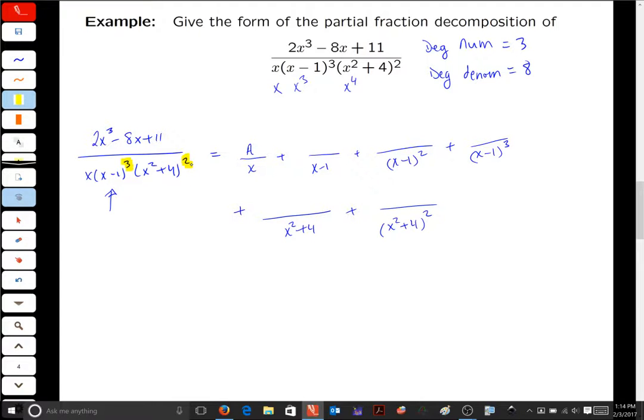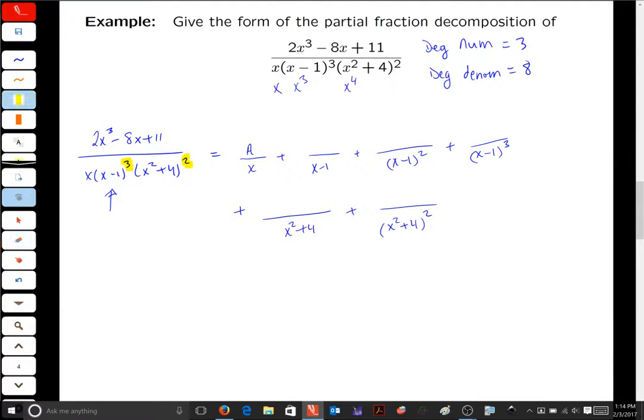Now let's go back and fill in the numerators. You're always going to have one power less than your denominator. So the degree of the denominator for x is 1, so you just have a constant here, no x variable. Here the degree is 1, so what do you think we'd have in the numerator? Constant. So I'm just going to call it b.